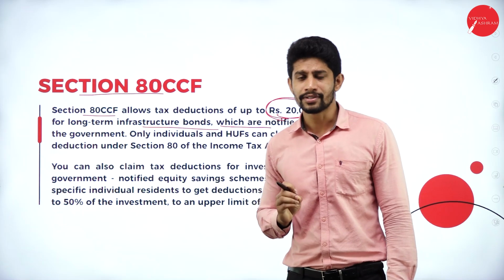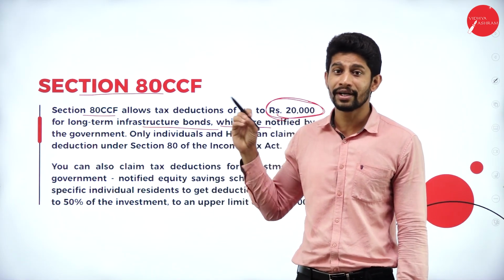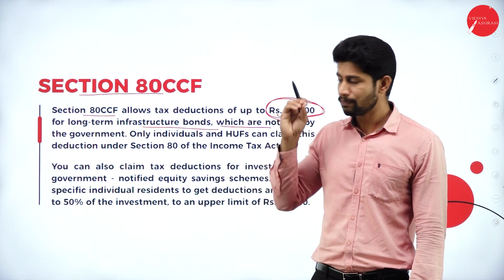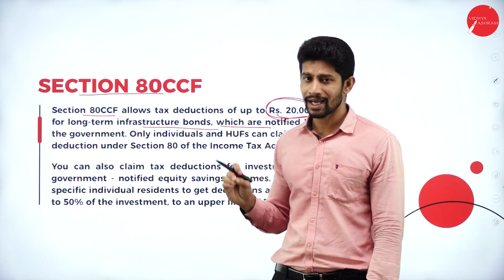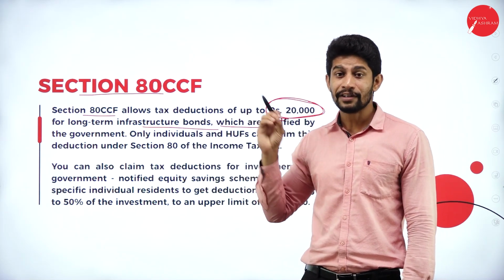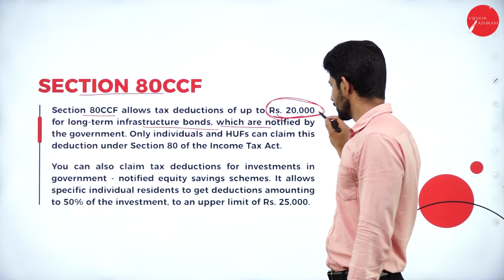Then only will it be considered as a deduction. If it is not notified by the government and it is a private company bond, then it is not considerable. If you are investing in infrastructure bonds of companies notified by the government, then you can claim the deduction up to rupees 20,000.